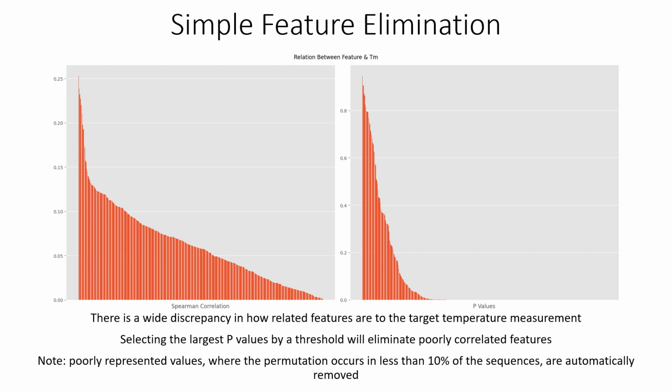So what I did here is I took the correlation on the left and the p-value associated with the correlation, which is the likelihood that there is a relationship between two variables, between the features and the temperature.